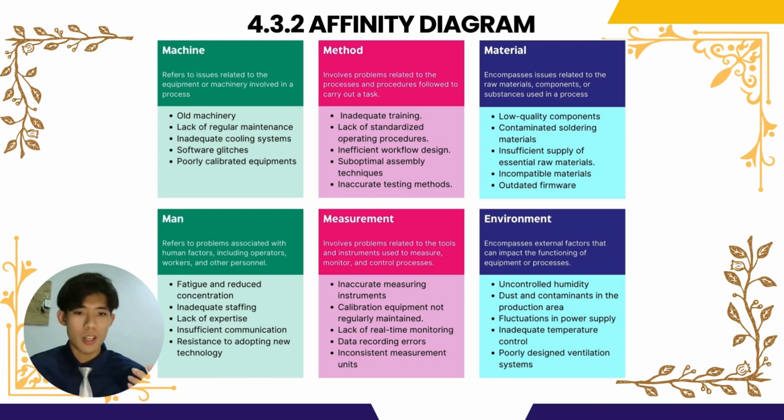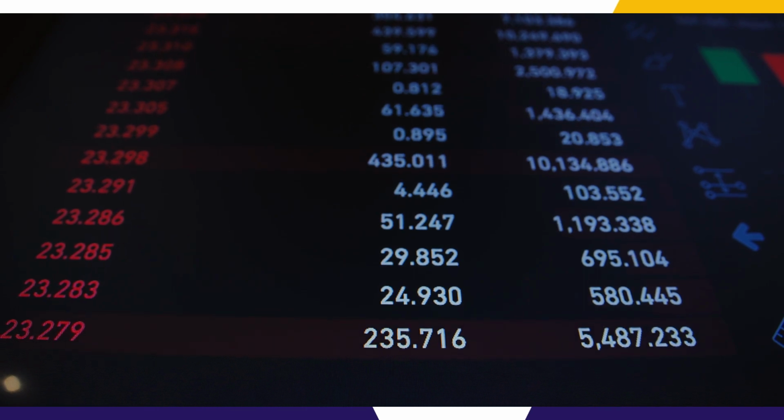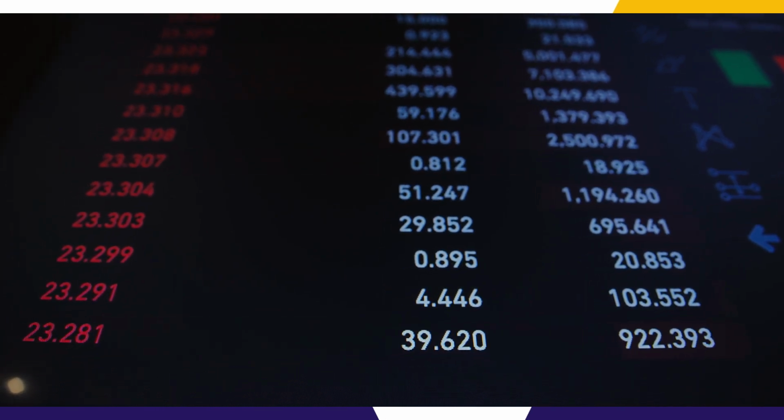Human factors include fatigue, staffing issues, lack of expertise, insufficient communication, and resistance to new technology. Method issues include inadequate training, insufficient workflow design, suboptimal assembly techniques, and inaccurate testing methods. Measurement issues, next, include inaccurate measuring instruments, calibration equipment, and data recording errors.